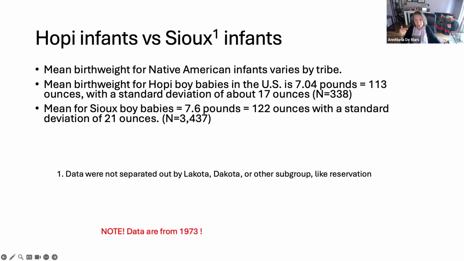These data are from 1973. Now, remember when we talked about the whole research design chapter, that was over 50 years ago. Perhaps you cannot generalize from then to now, but for the purposes of this example, with real data, we're going to go for it.